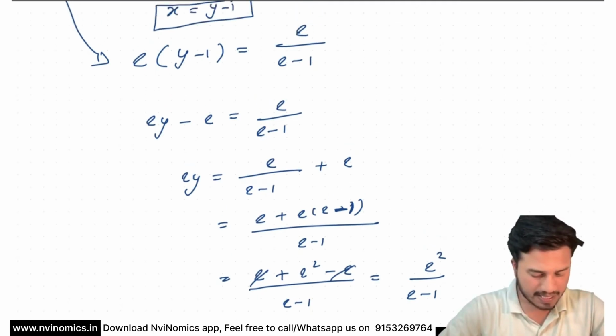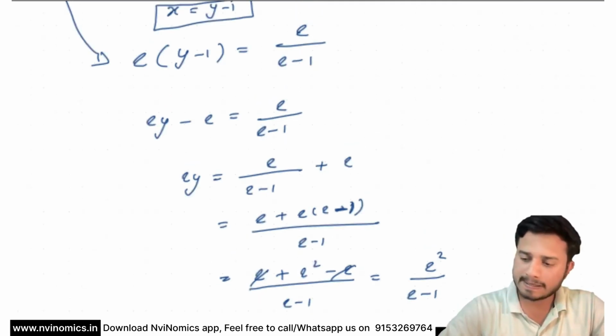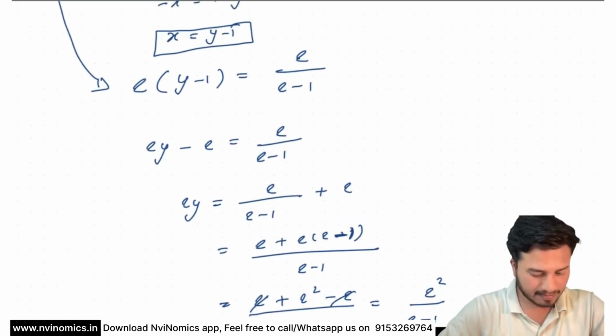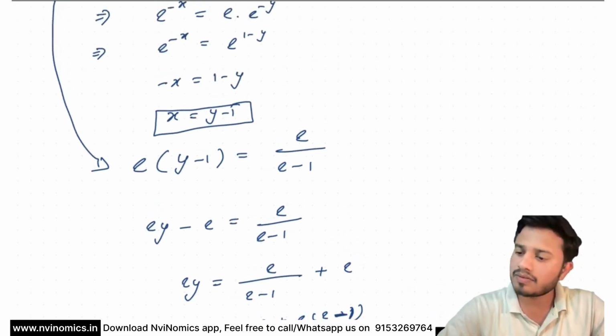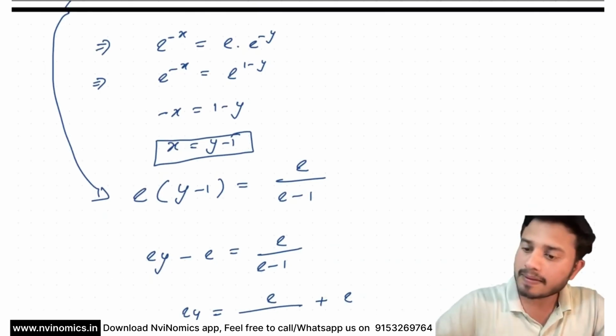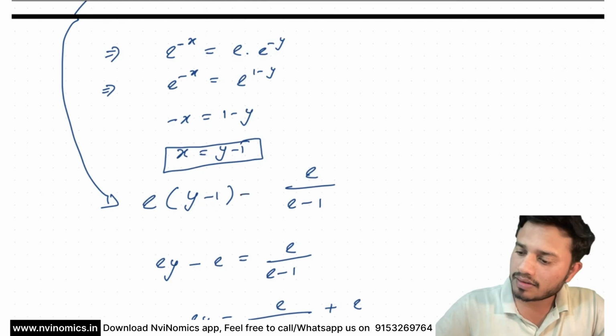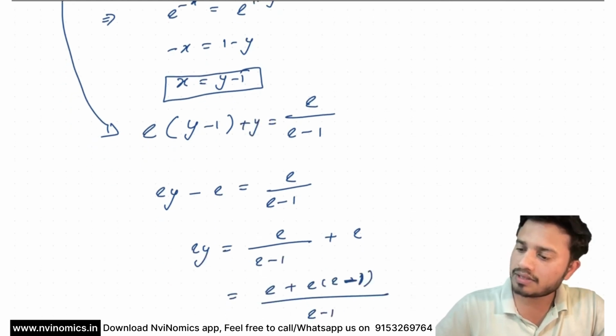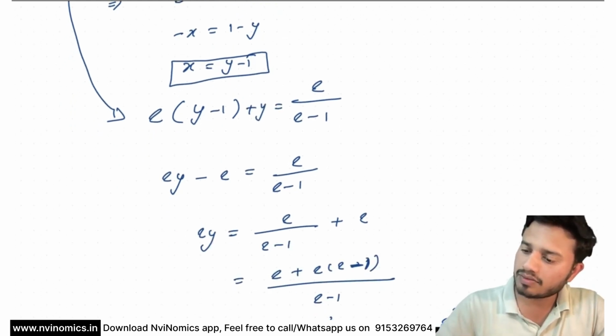Is everything all right? Was there y also? Yeah, there was y also here. Plus y equals this. Okay, so there is one y here also.